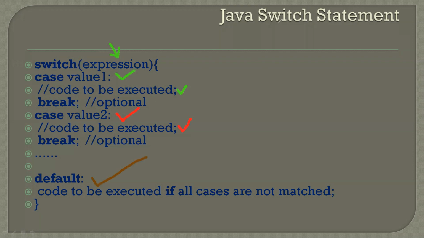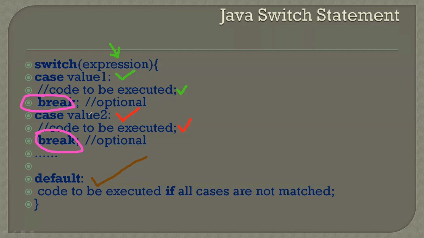For each and every case, there is one statement which is common, called break, which will be at the end of each case. So there will be one expression, and there are n number of cases, and the last one is the default case. This default will get executed when no cases are executed.